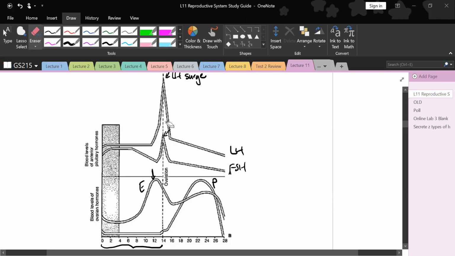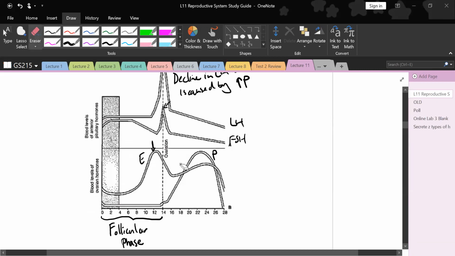So this decline in LH and FSH is caused by the increase in progesterone. But progesterone doesn't stay high for very long because the corpus luteum will break down, and you will have a drop in progesterone. All this happens in the luteal phase.